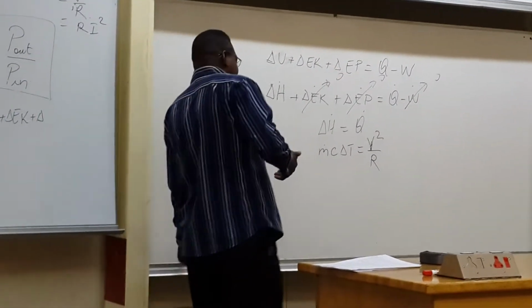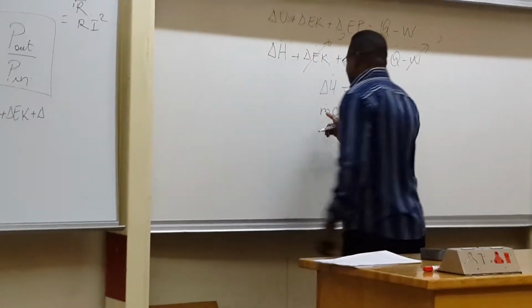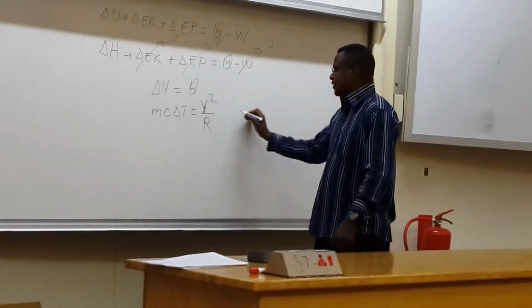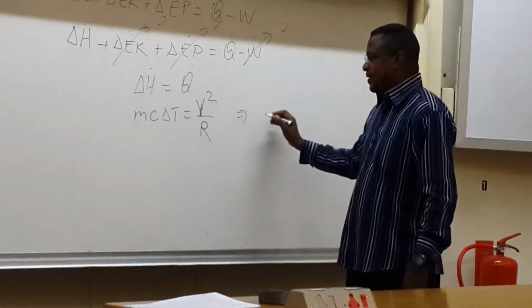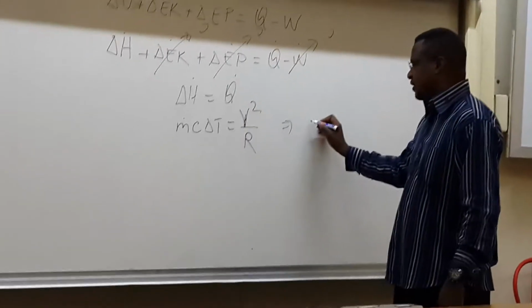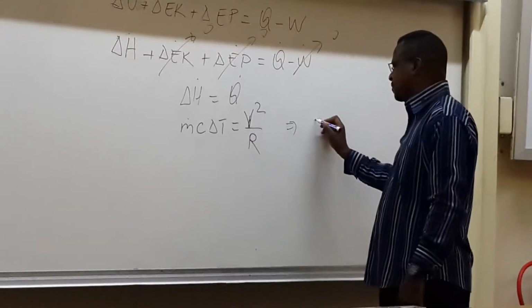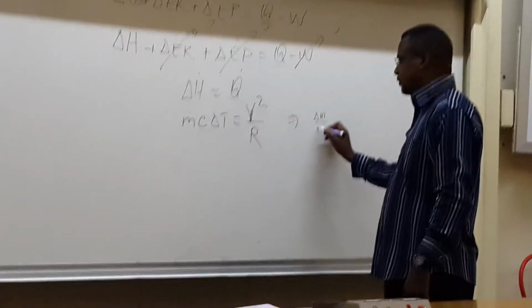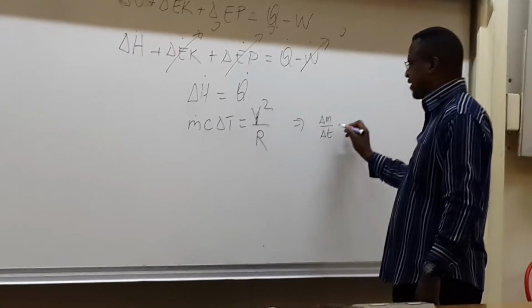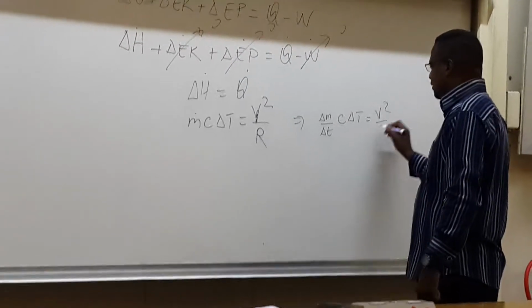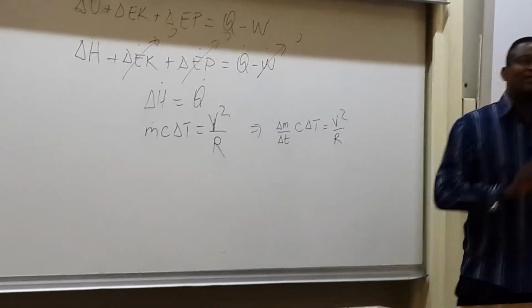So what we will do now, because our m dot is basically dm, the change in mass with respect to time, times C delta T is equal to V squared over R. I would like just to simplify concepts.